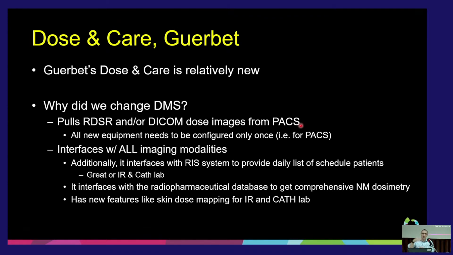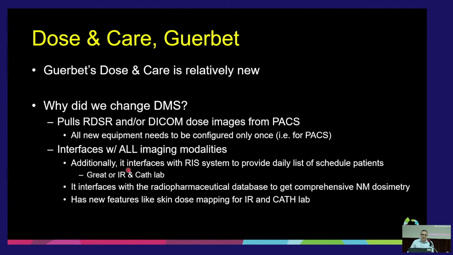So having it go straight to PACS and then from PACS go to our dose monitoring was a big thing for us. We really like it because it interfaces with all imaging modalities: everything from nukes to CT, X-ray, fluoro, mammo, even though we don't do mammo at children's hospitals. Everything and anything goes into it, and we really like that.